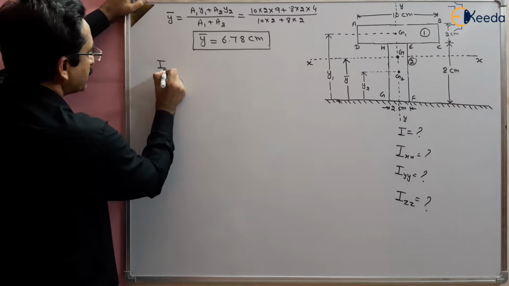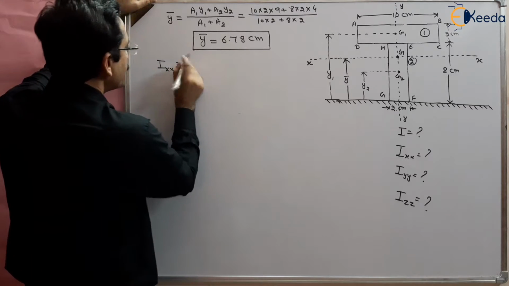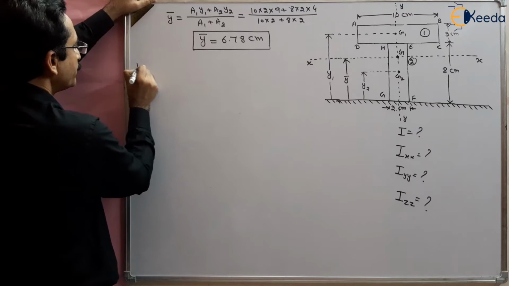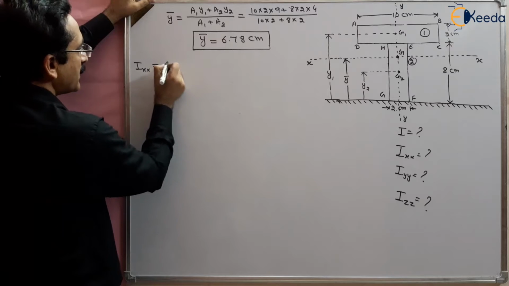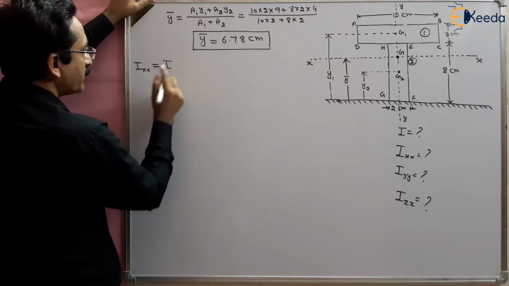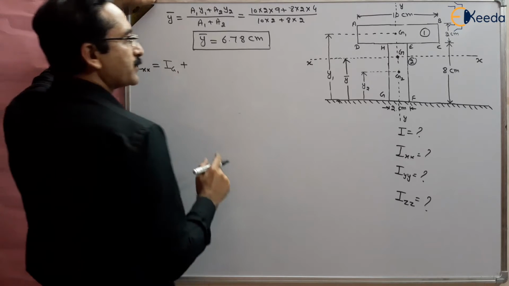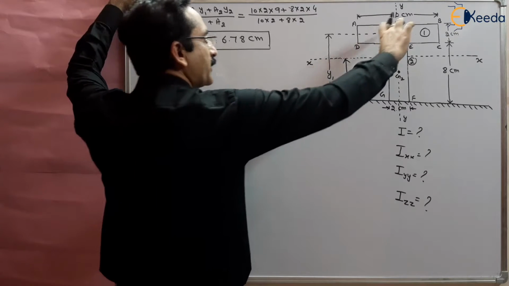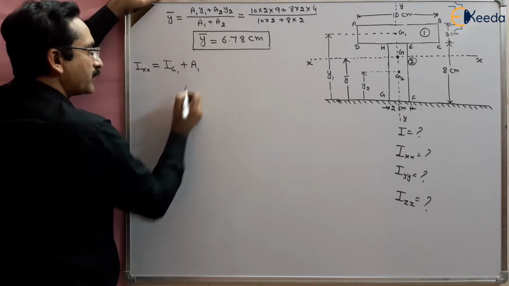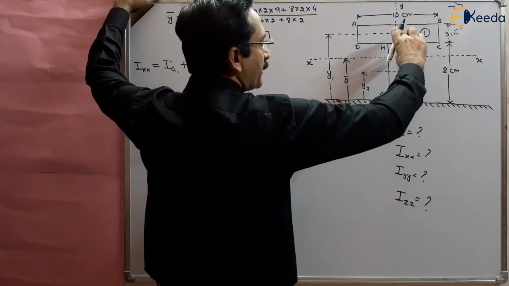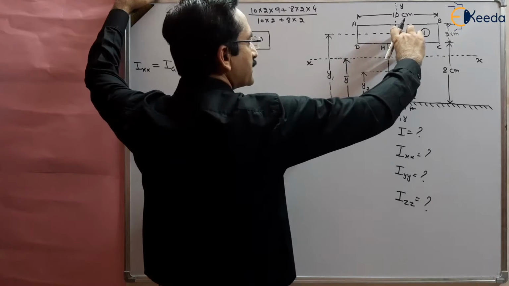This Ixx will be equal to Ig1, the moment of inertia of body 1 about G1, plus, applying the parallel axis theorem, area multiplied by perpendicular distance. So A1, the area of body 1, multiplied by the square of the distance between the two centroids, right?